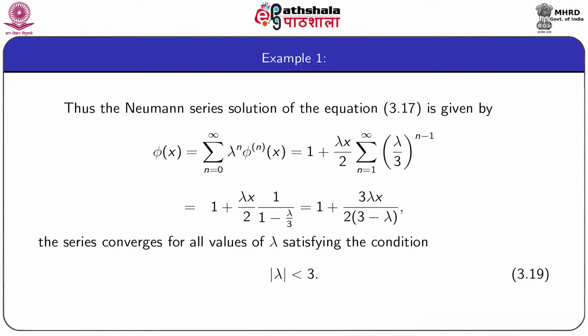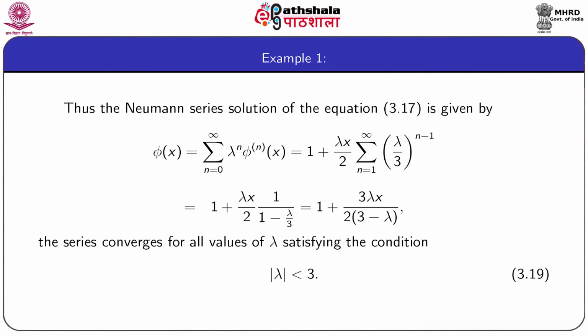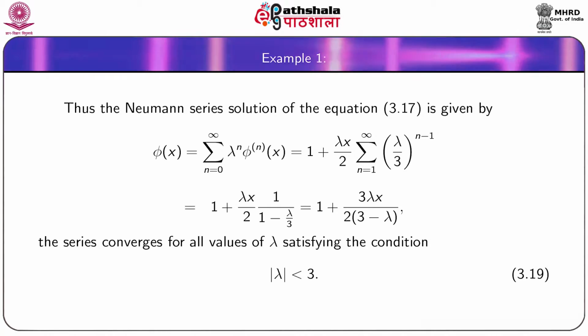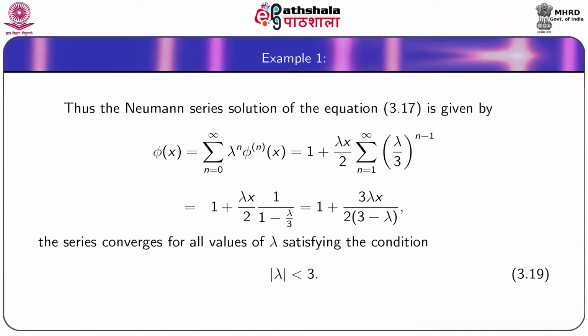So we get phi of x as 1 plus 3 lambda x divided by 2 into (3 minus lambda) after simplification. And the solution is obtained for lambda satisfying the condition mod lambda less than 3, as given by equation 3.19.